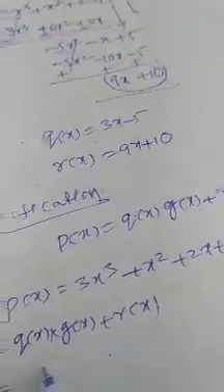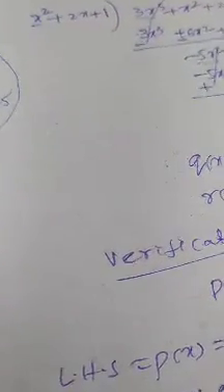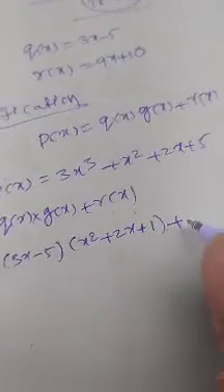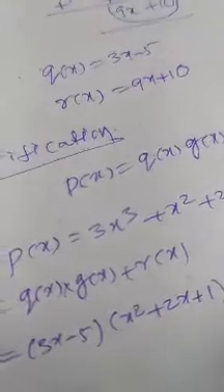RHS is Q of x into G of x plus R of x. Q of x, we got 3x minus 5. What is G of x? The divisor polynomial, x square plus 2x plus 1, plus what is R of x? 9x plus 10.